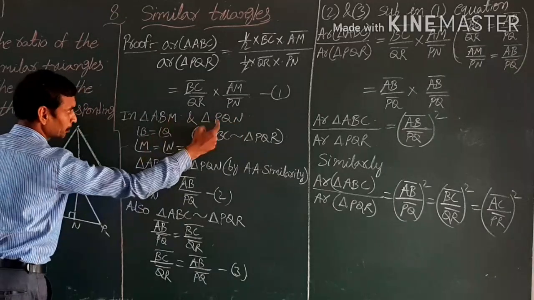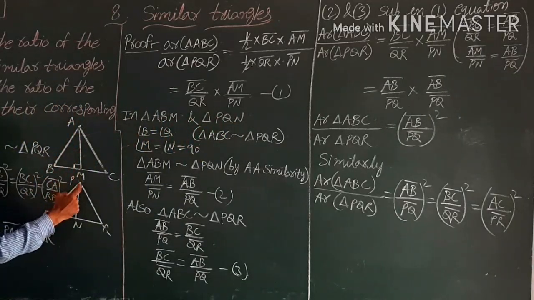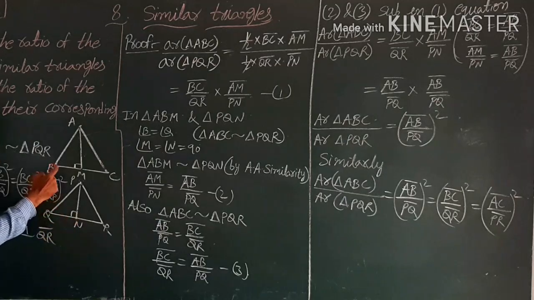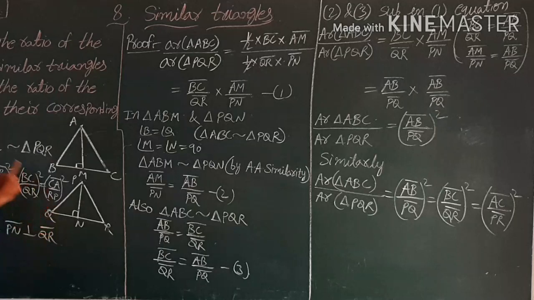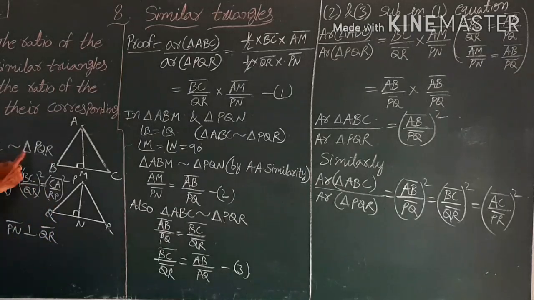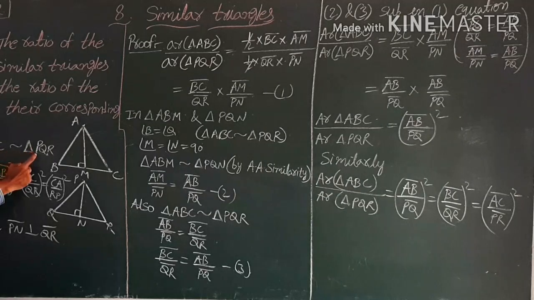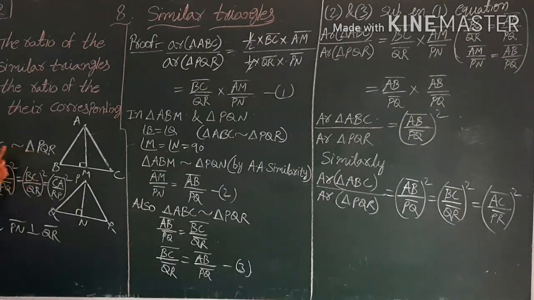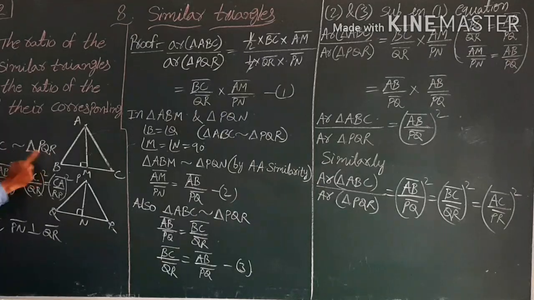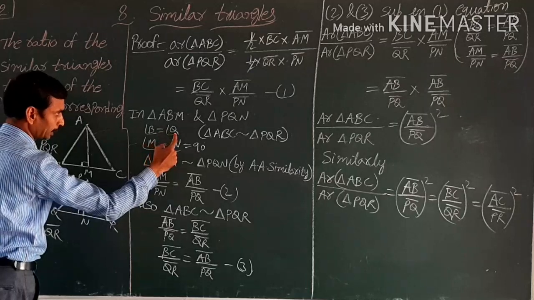If you observe these two triangles, ABM and PQN, already we know angle B is equal to angle Q, because triangle ABC is similar to triangle PQR. Here corresponding angles are equal. Angle A is equal to angle P, angle B is equal to angle Q, angle C is equal to angle R. So angle B is equal to angle Q.